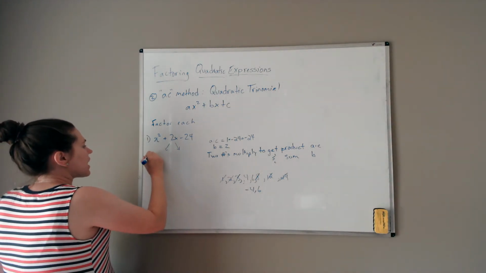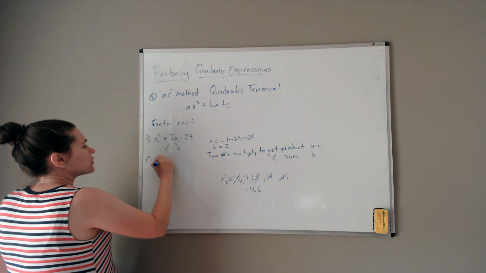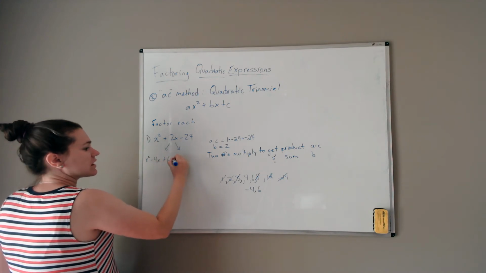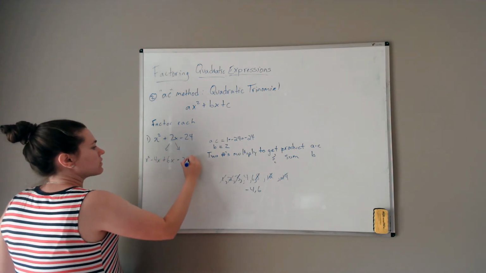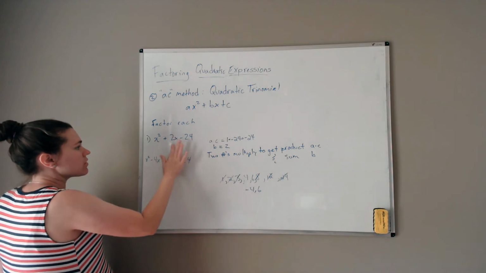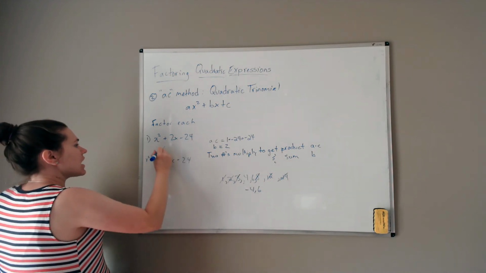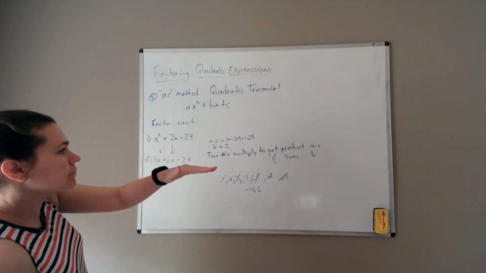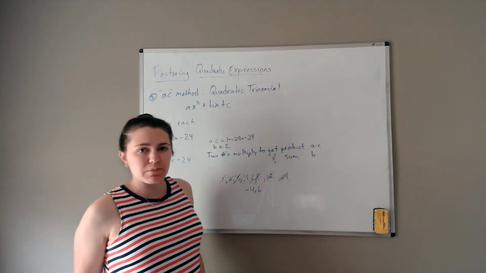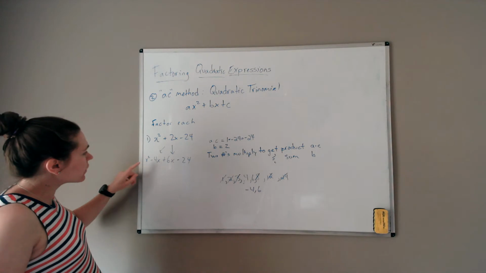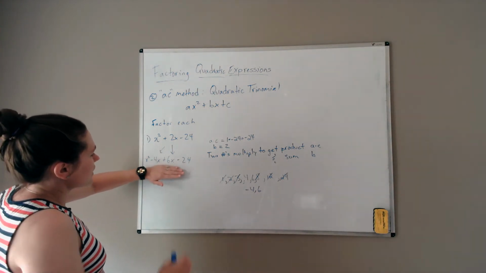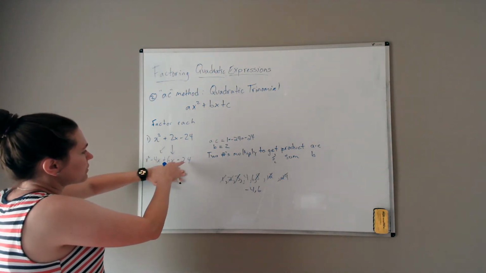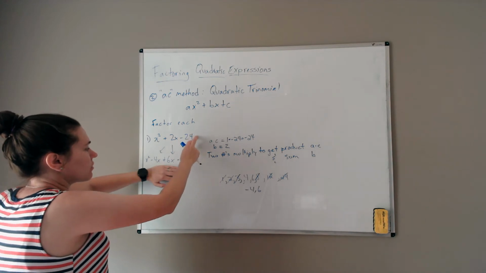So this is going to be x squared minus 4x plus 6x minus 24. Essentially we broke up 2x to be negative 4x plus 6x. So we're doing the opposite of when we FOILed an expression before. At this point, if we were to simplify, we would be back at the original expression.